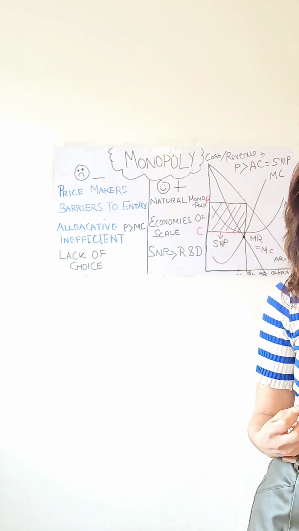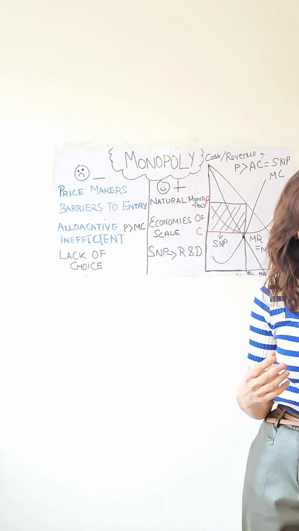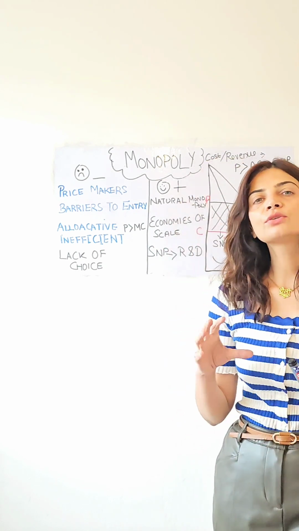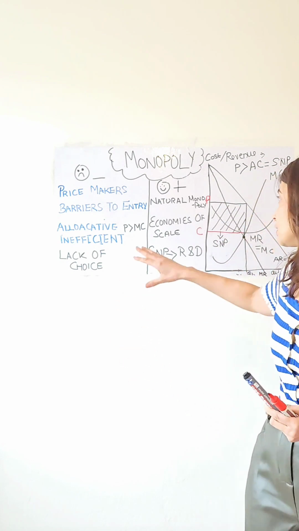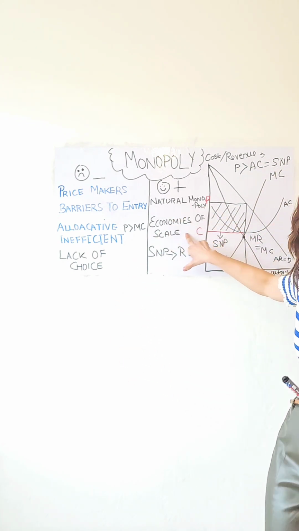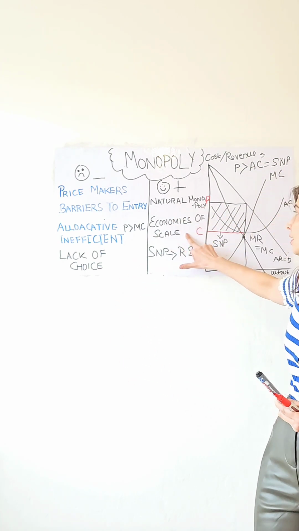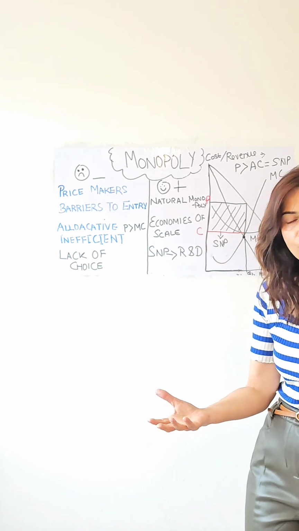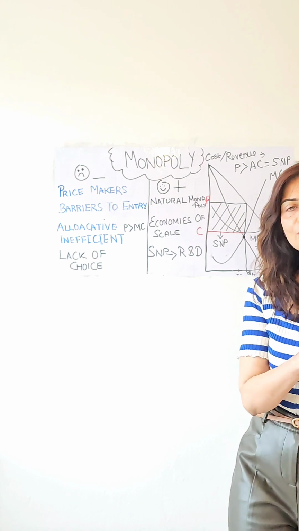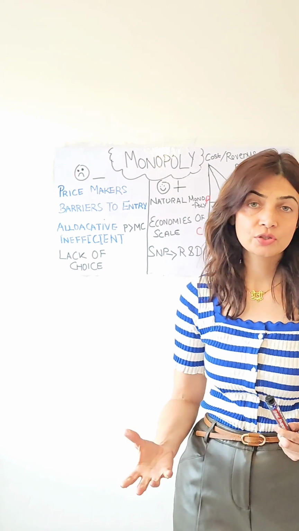So rather than having many businesses in the market, it's a good idea to have just one business who could be efficient and could achieve economies of scale, which can possibly lead to low prices in the long run and improvement in production efficiency.